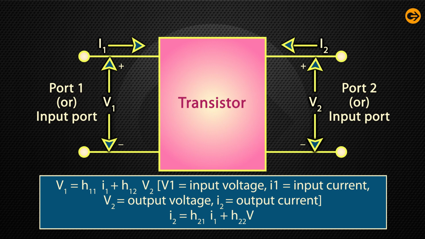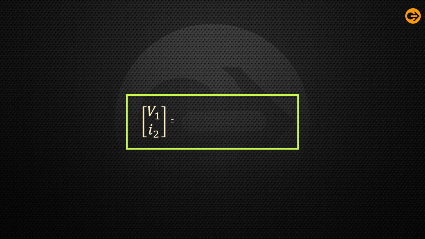I2 is equal to H21 I1 plus H22 V2. These expressions can be represented in terms of a square matrix.